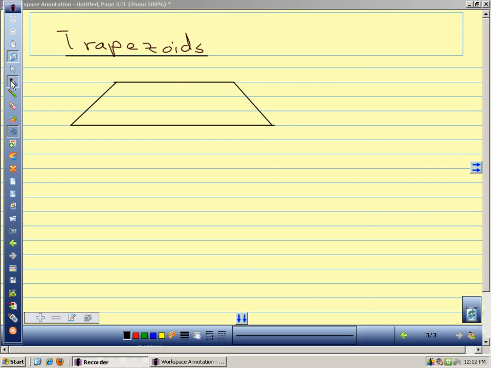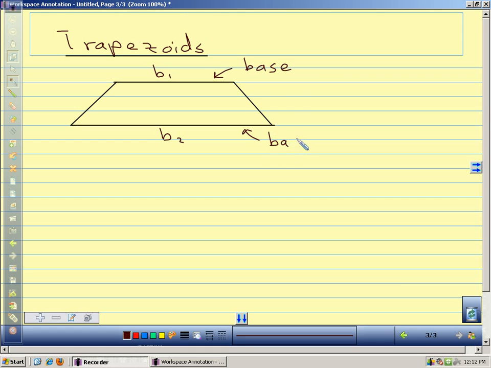So there's our trapezoid. I'm going to label that one B1 and B2. The parallel sides of our trapezoids are the bases, just like we talked about before when we talked about trapezoids and we labeled the parts. And the sides that aren't parallel are legs.